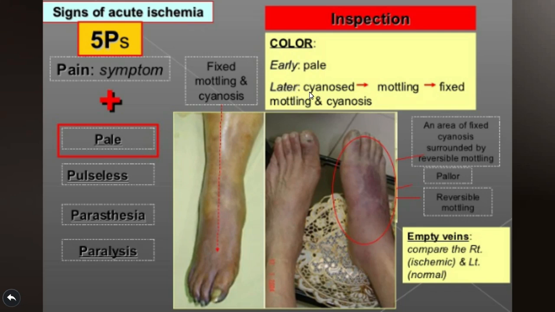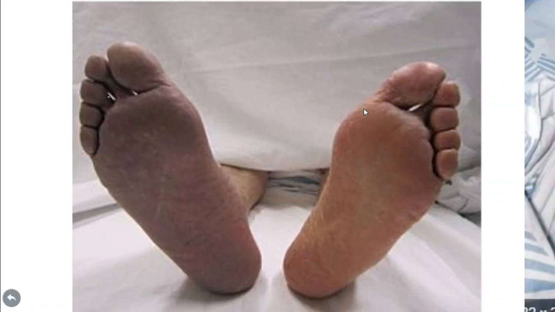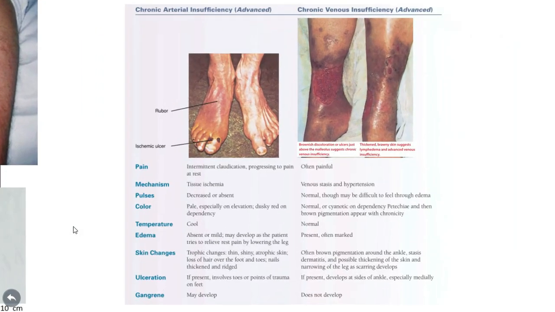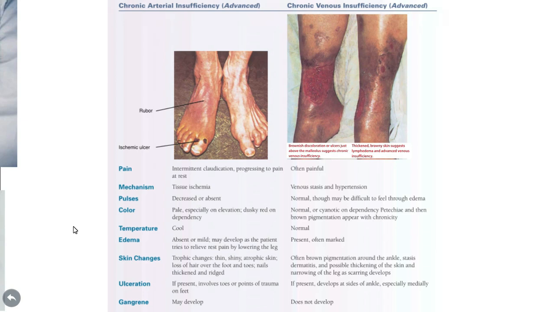Later on it can be cyanosis, mottling, and then there's fixed mottling and cyanosis. Sometimes reversible mottling. If there is a local swelling, redness, warmth, and a subcutaneous cord, this signals superficial thrombophlebitis, which is an emerging risk factor for deep vein thrombosis.